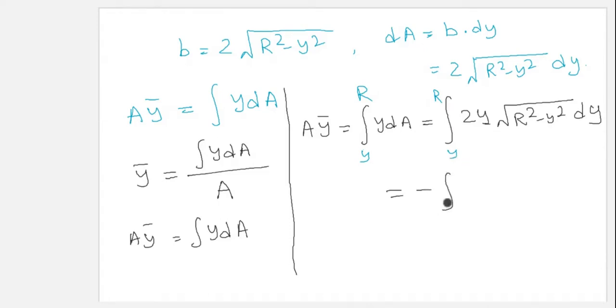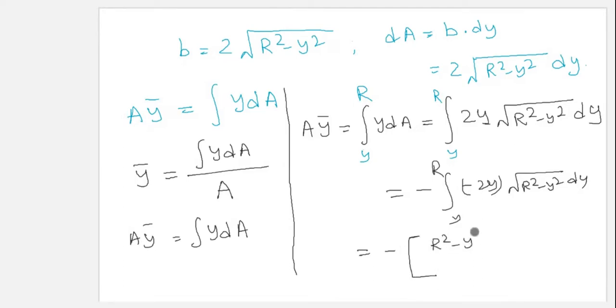If you take this minus here and this minus 2y and r square minus y square dy from y to r, this is basically the derivation, so r square minus y square whole to the power 3 by 2, by here it will be 3 and here it will be 2. So 2 by 3 r square minus y square whole to the power 3 by 2.